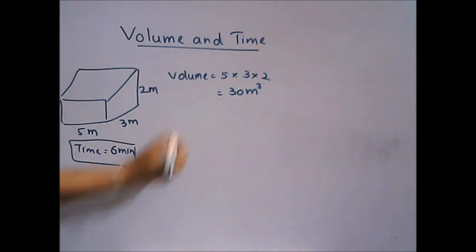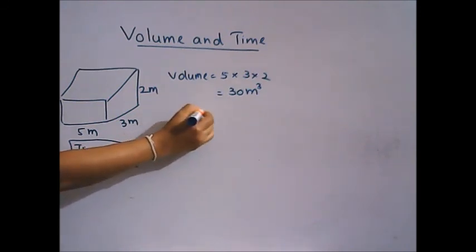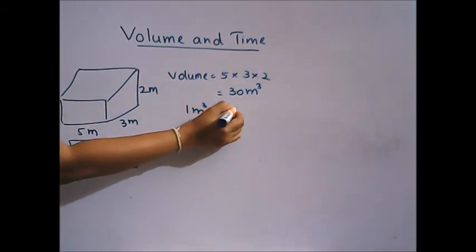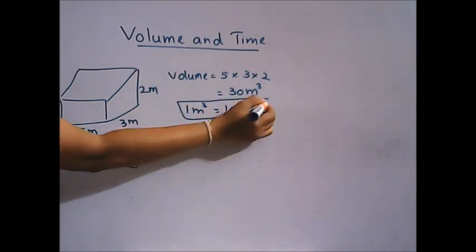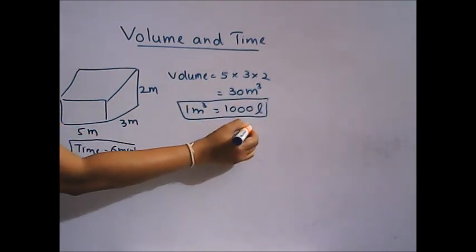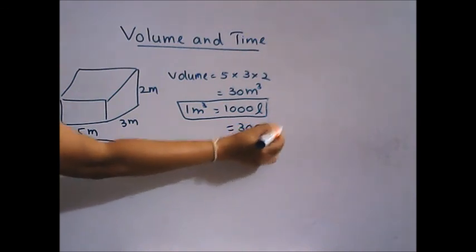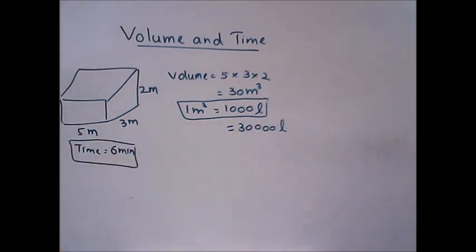Since 1 cubic meter equals 1000 liters, we can write this as 30,000 liters. Volume is 30,000 liters.